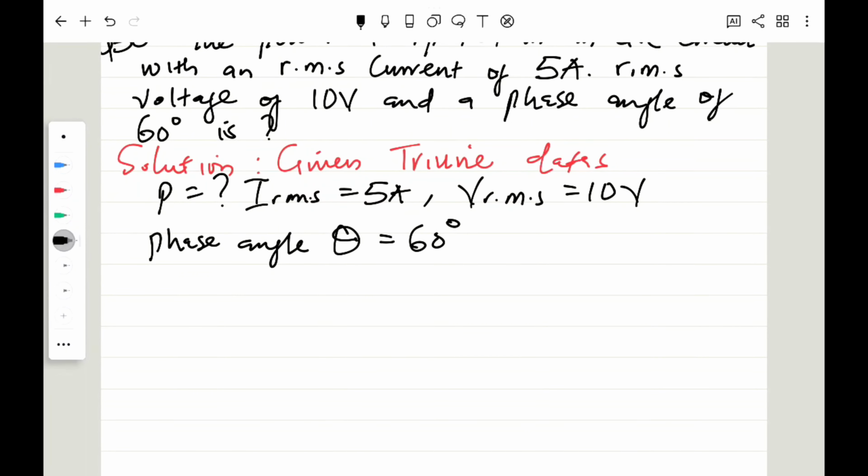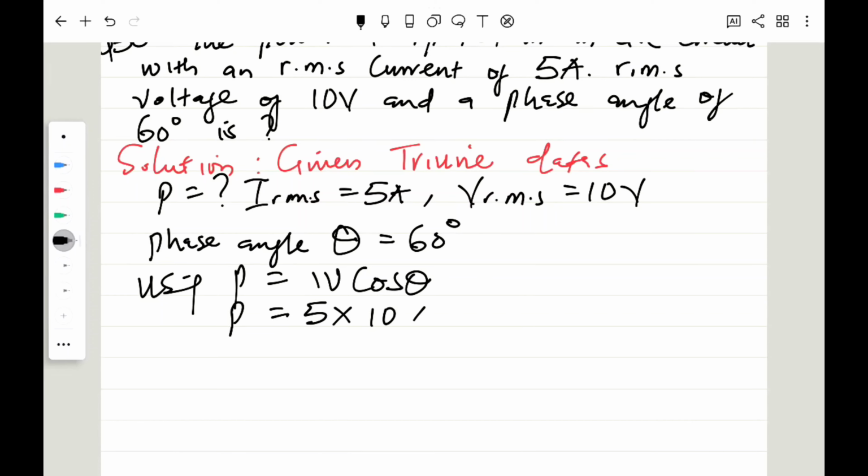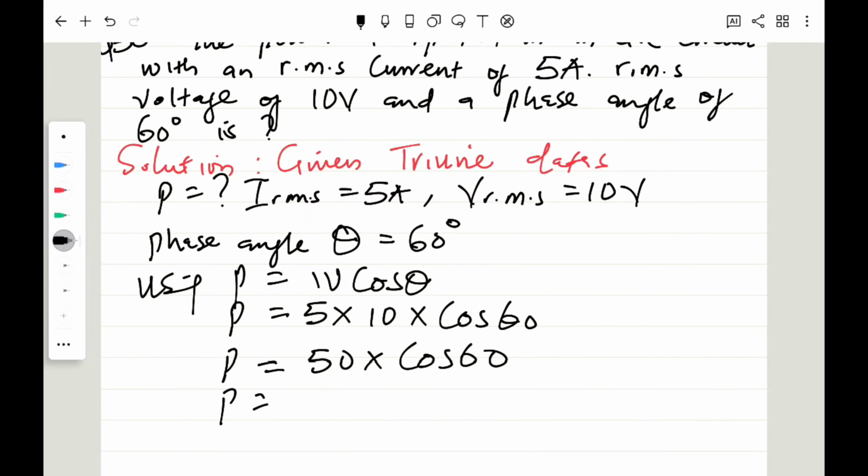If you follow the steps as I've mentioned earlier, the triune component, check your options first, then read your question, extract your triune components or data, then look for the appropriate formula to solve and to substitute. If you do this, it will save you some time.